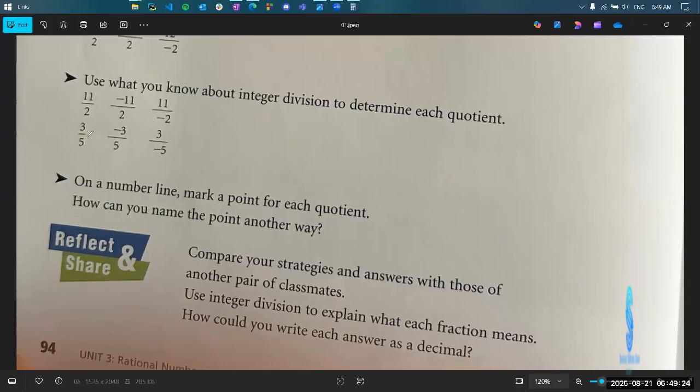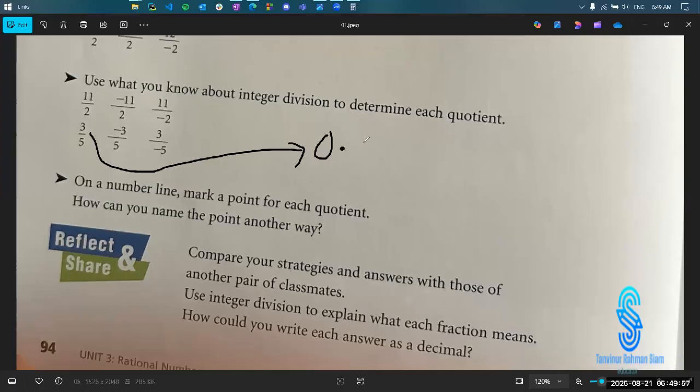So what answer will we get when we divide 3 by 5? I'm getting 0.6. Don't use a calculator, okay? I'm not using a calculator. So it's 0.6, right?